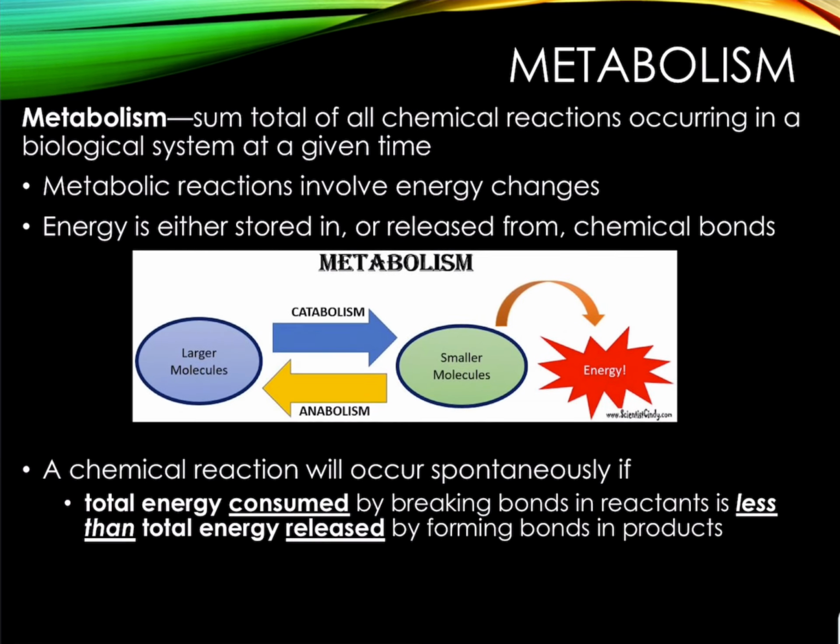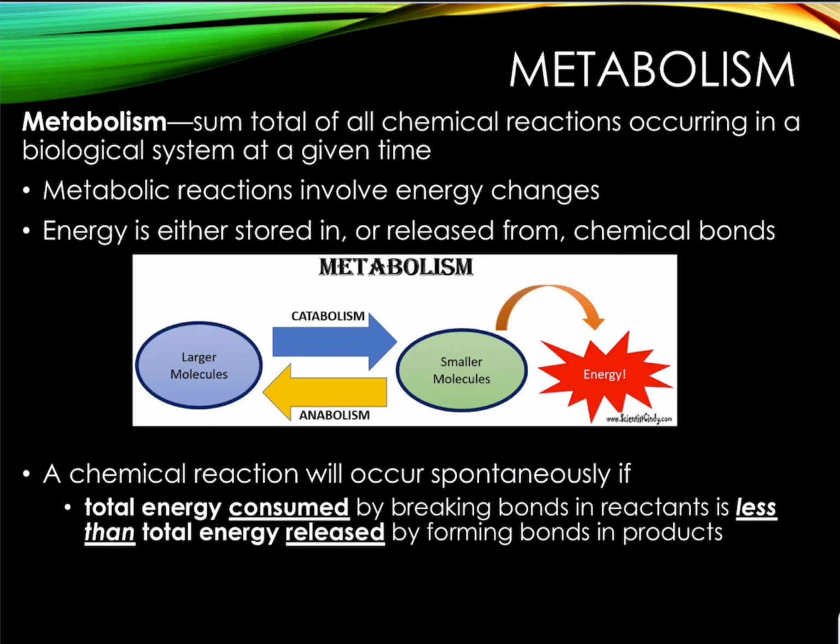Metabolism, like I was saying, we have a lot of reactions and processes that happen in our body, and those are metabolic processes. Metabolism is the sum of all chemical reactions occurring in a biological system at any given time. Metabolic reactions involve energy changes. Energy is either stored in or released from chemical bonds. We really love those bonds because that's where we can store that energy.